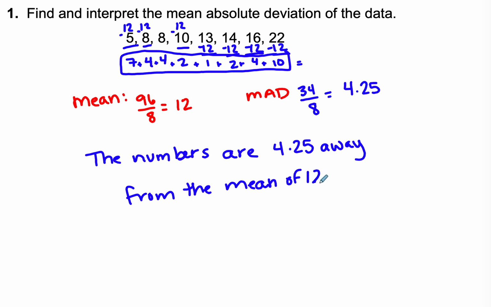So on average, they are about 4 and 25 hundredths units away. So these numbers are definitely way more spread apart than the ones from the raisins. This MAD is much bigger. That tells you you have a bigger spread.